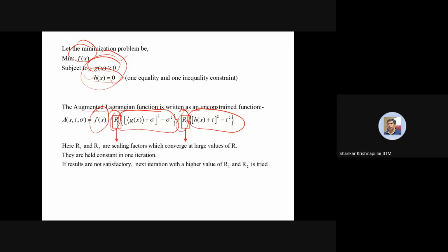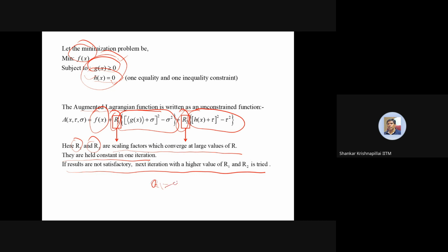Here R1 and R2 are scaling factors which converge at large values of R, and they are held constant in one set of iterations. And if the result is not satisfactory, next iteration with higher values of R1 and R2 is tried. So here the algorithm itself will do it like this.